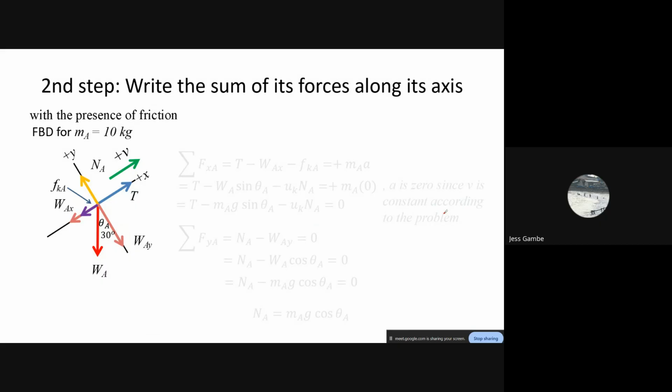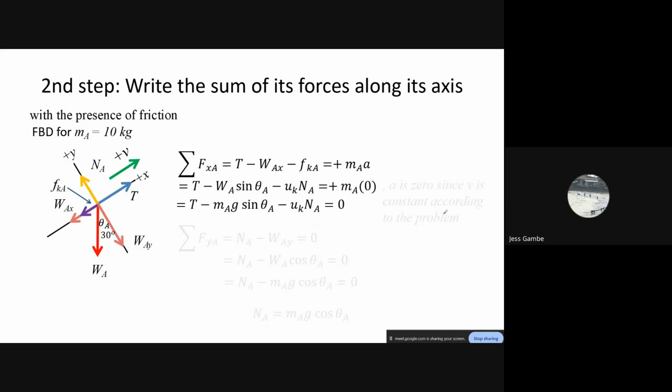the equation changes. So for this case, the sum of Fx for MA is tension minus MAG sine theta A, because it goes down toward the negative x-axis, minus the kinetic friction Fk, equal to MA.